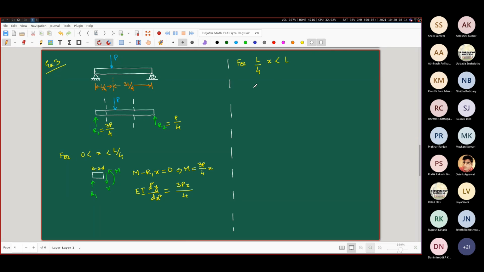So my free body diagram of the left portion of the beam, or the portion of the beam towards the left of this cut, is going to look like this.